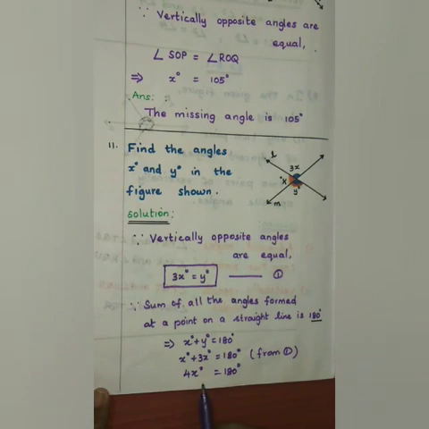Now we are going to find the value of x. So leave this x here. We are going to take this 4 to the other side. Since 4 is multiplied with x degree, when you take this 4 to the other side, we have to divide this 180 by 4.